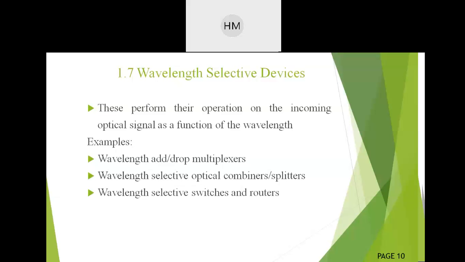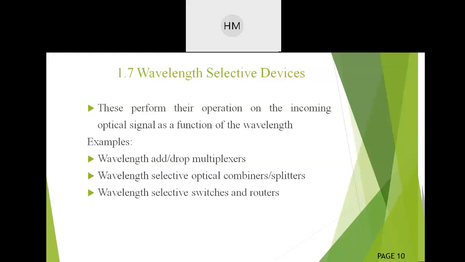So these perform their operation on the incoming optical signal as a function of wavelength. Examples: wavelength add drop multiplexers. We are using optical switching. In that, if I want some signals to be added in between, or I want that lambda 1 wavelength should be dropped, I don't want that wavelength at the output, so I can add or I can drop.